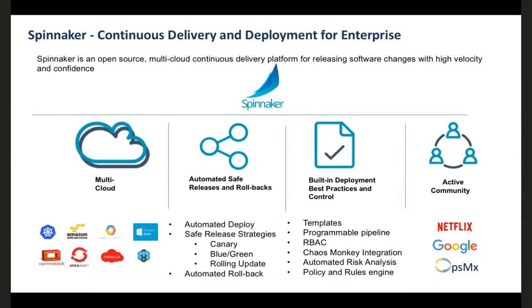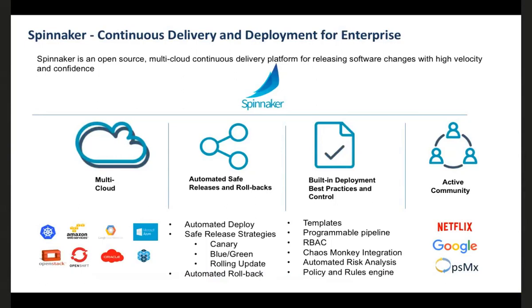Right? It supports scale. Netflix has been using it for a few years now. It supports multi-cloud deployments, and it has built-in automated safe releases, with the ability to roll back, canary, blue-green, and rolling updates. They're all built in, and they're consistent across multiple cloud environments. If you're deploying to an OpenShift environment, the terminology and how you construct the pipelines is similar to how you would deploy to AWS.